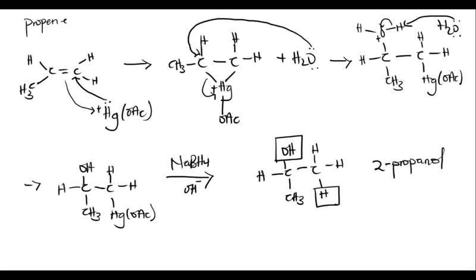Okay, and then also the reaction conditions for this reaction are not as harsh as in the hydration reaction, because in hydration reaction we use a strong acid like H2SO4 to do the hydration. So maybe we add water in the presence of H2SO4, and this reaction condition is very harsh for producing an alcohol. But in oxymercuration demercuration reaction, a milder condition is used.